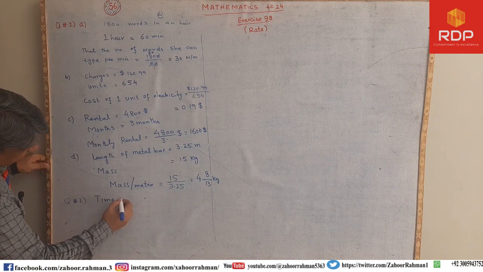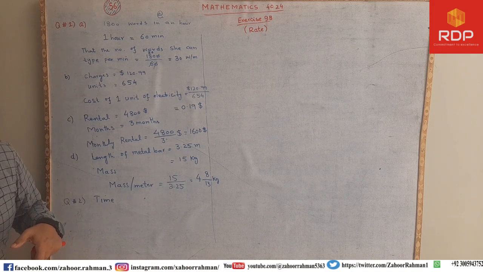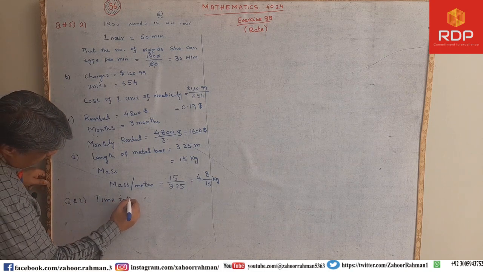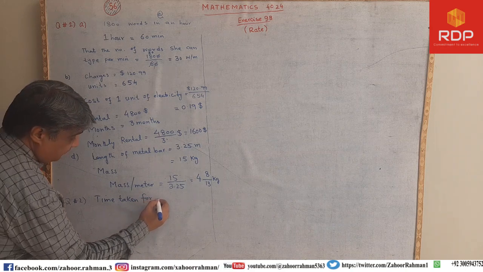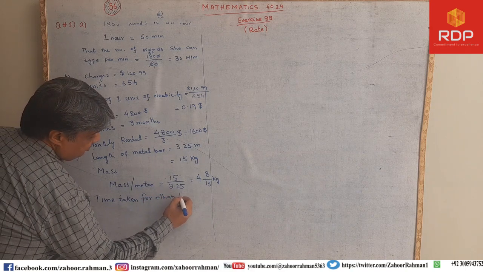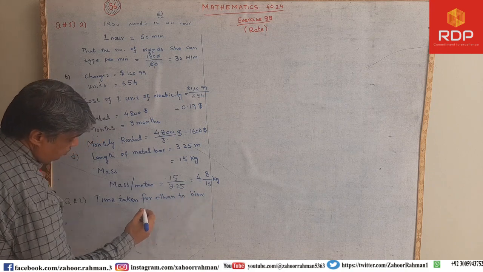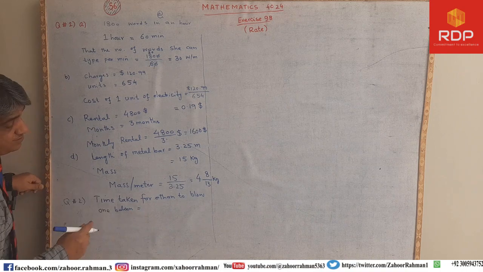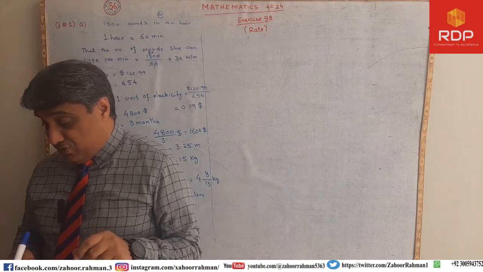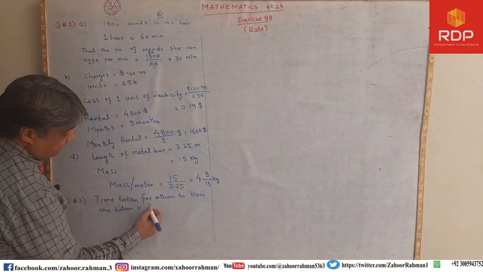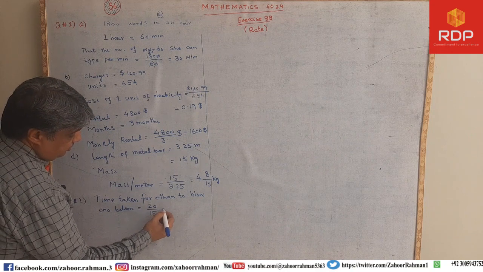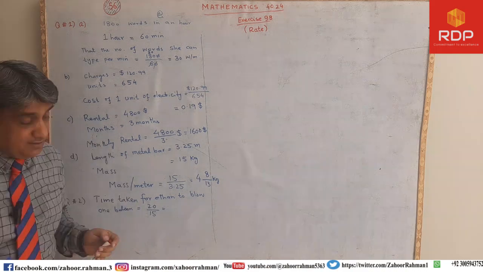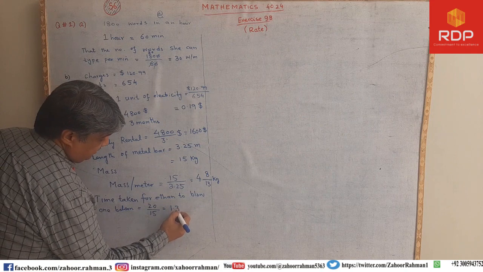Time taken for Ethan to blow one balloon is equal to, they gave us the values, 20 divided by 15, and it is 1.3 minutes.